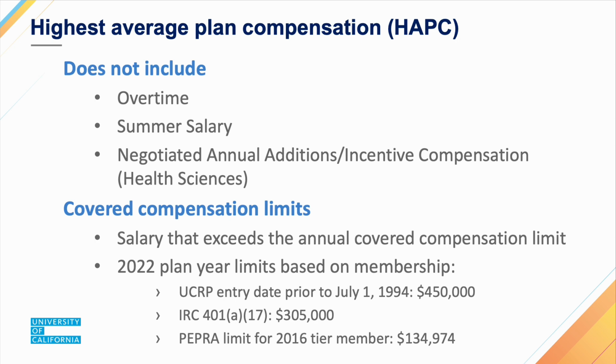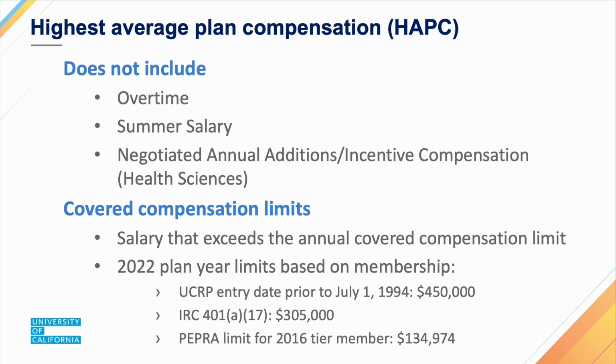So new employees who were hired on or after July 1 of 2016 and elected to participate in the 2016 tier through pension choice may also be subject to the Public Employee Pension Reform Act, or PEPRA. This is California legislation, and it limits the covered compensation further than the IRC limits it.